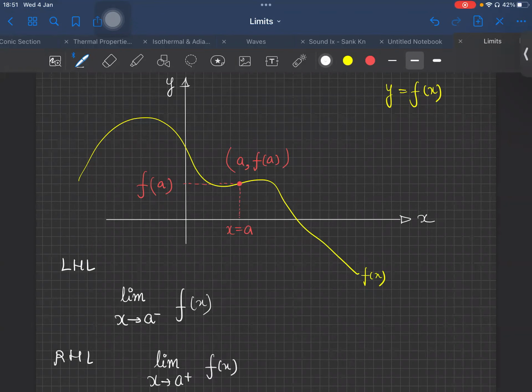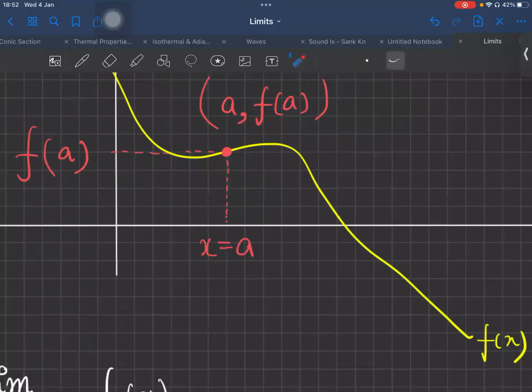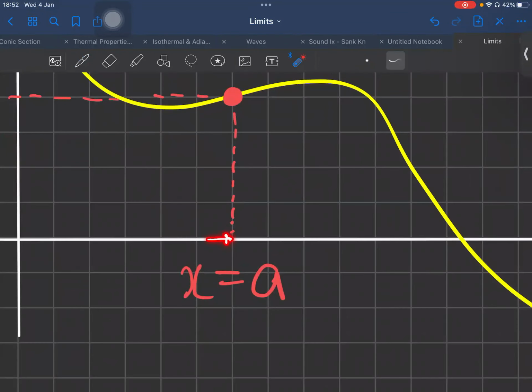Plus means the value is greater than a, and minus means the value is lesser than a. That's why the symbol represents this.